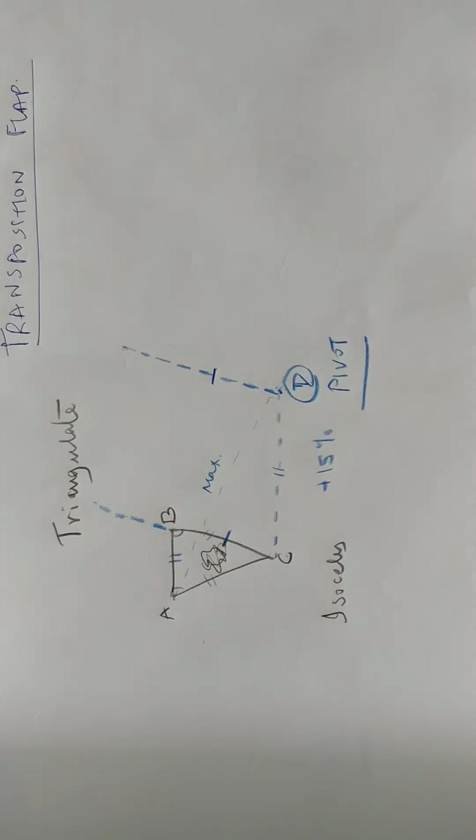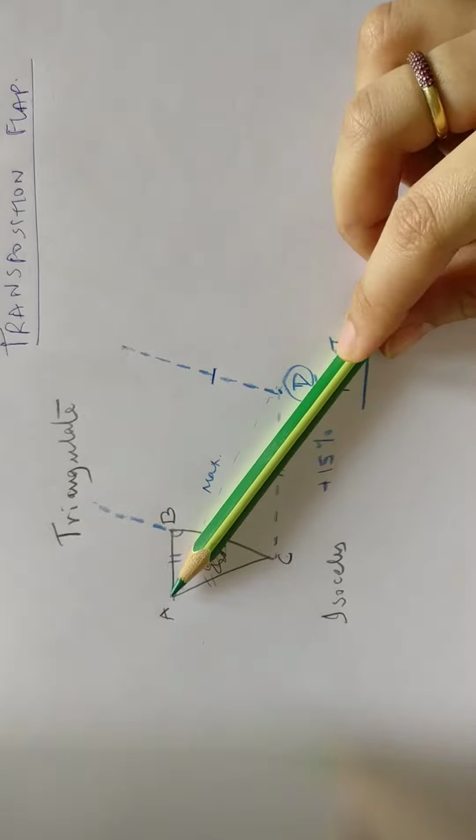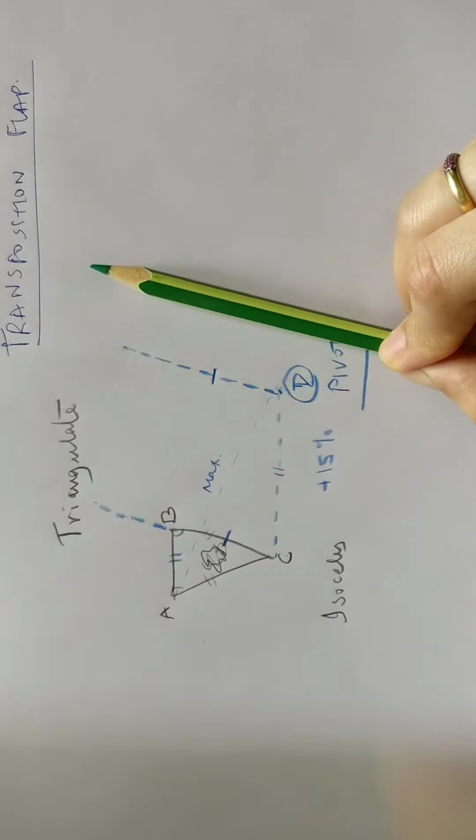What we need to do is then take from the point D, we take our pencil or our marker. From point D to point A is where we are going to cut across an arc.